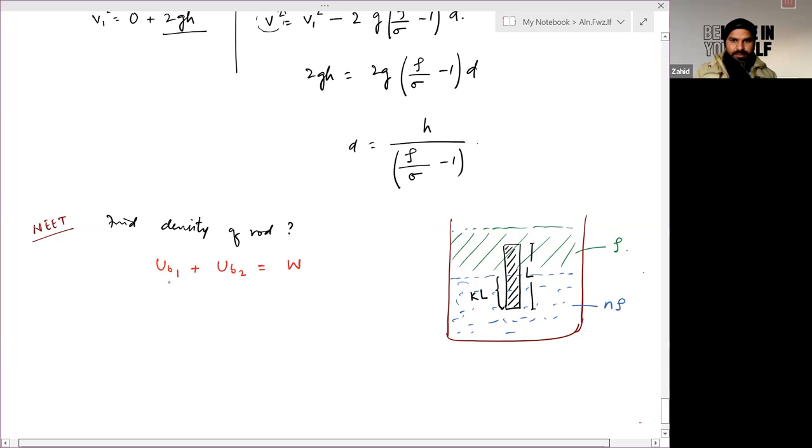Buoyant force in the first liquid, that is the lower part, is density of liquid times volume of object immersed. Let's say the area of this rod is A. So volume in this lower part will be area of base into height, times gravity.